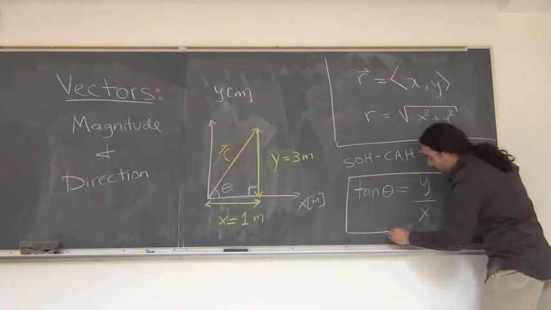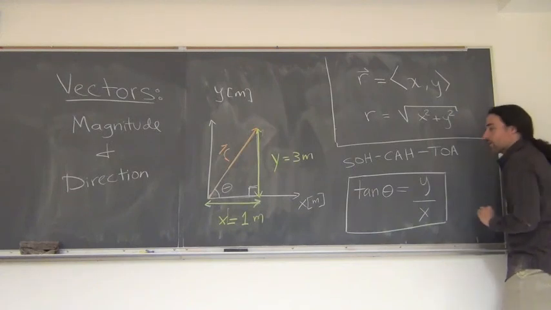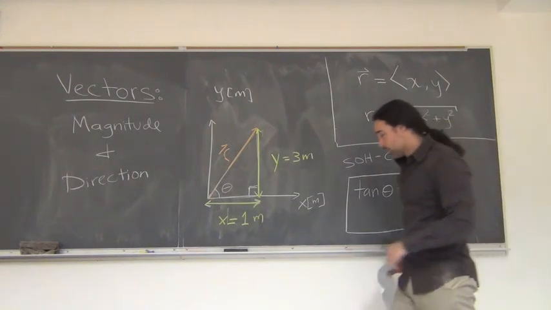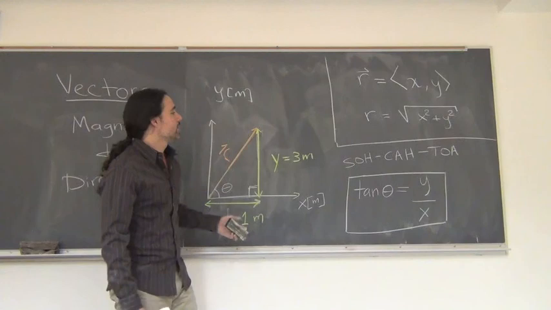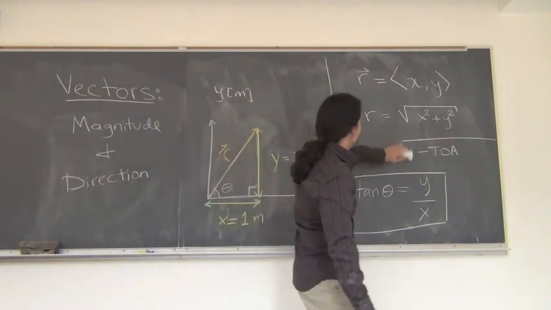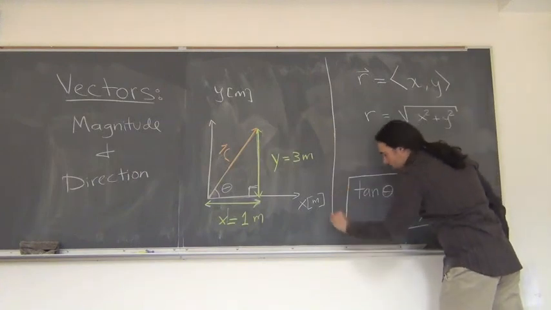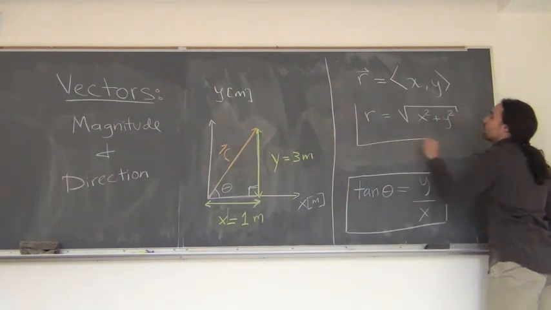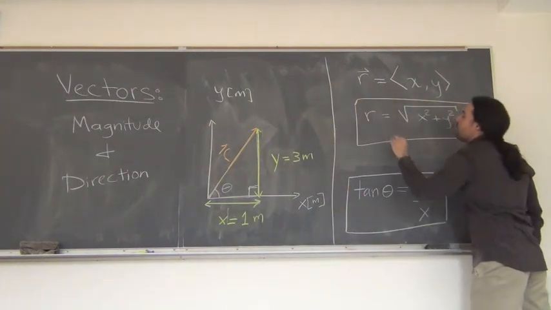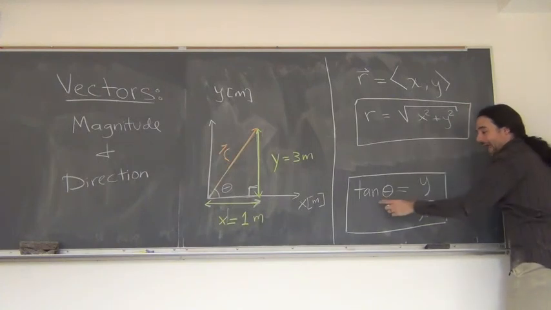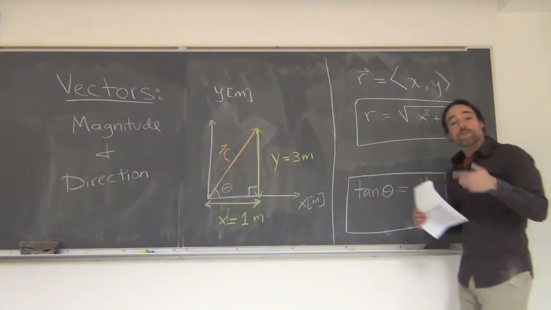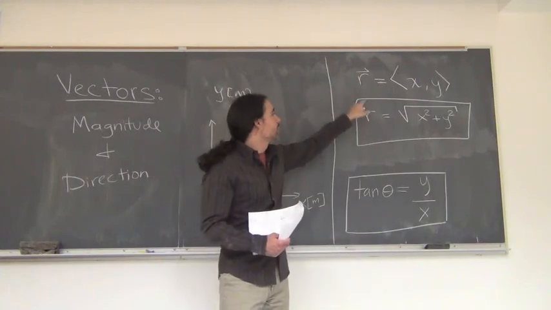So we can use SOHCAHTOA to figure out the direction. And now, once we do that, we have a way to determine our magnitude and our direction from the components of the vector.